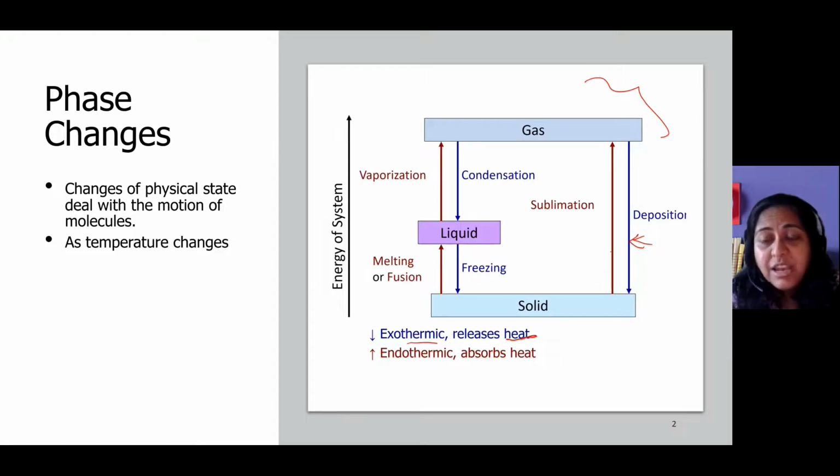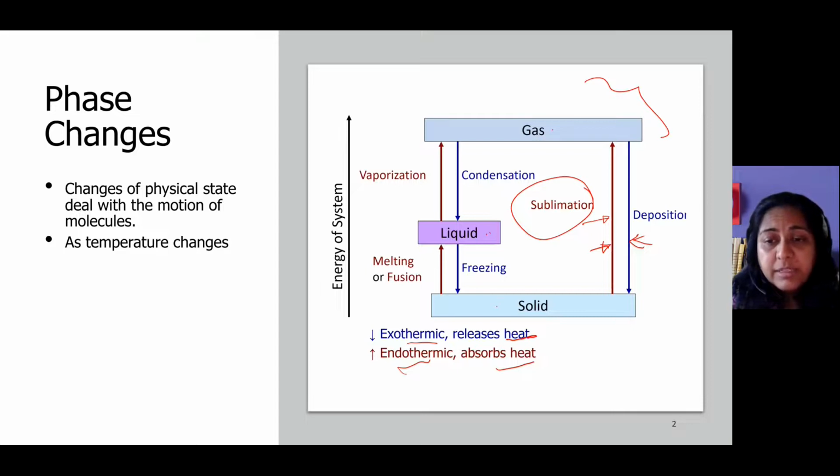The processes indicated by the red arrows are endothermic processes. These processes absorb heat. As an example, when a solid is changed into a gas, the heat is absorbed, and that process is known as sublimation.